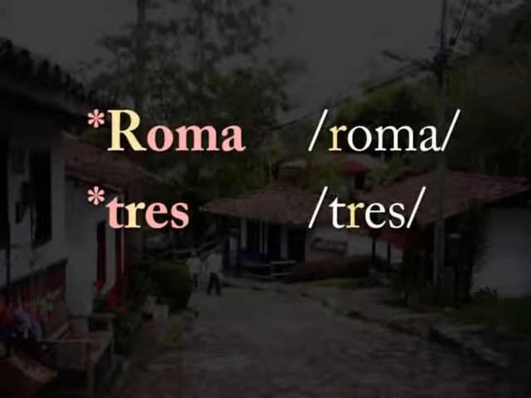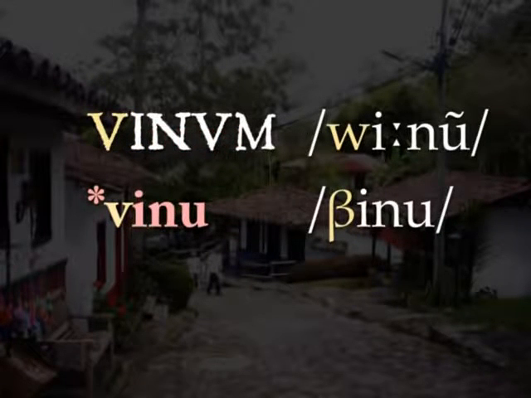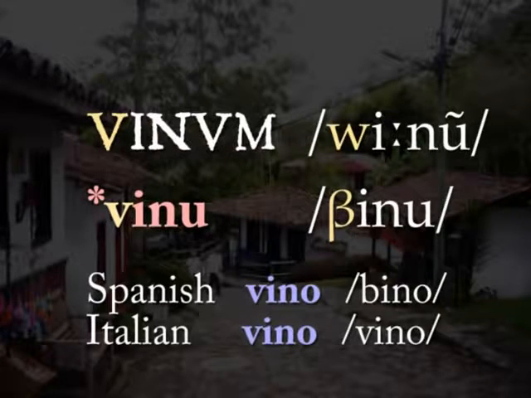The letter R was trilled like Roma or tres. V was pronounced v, not w like it was in Classical Latin. Vinu. V later merges with B in a few languages, including Spanish, which has bino.